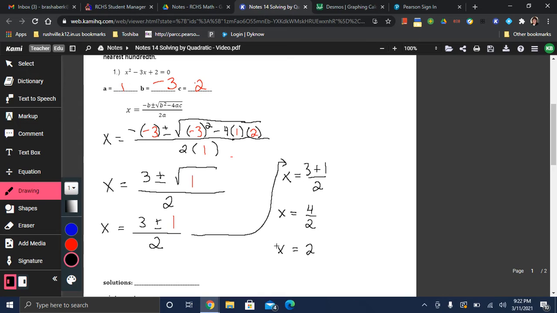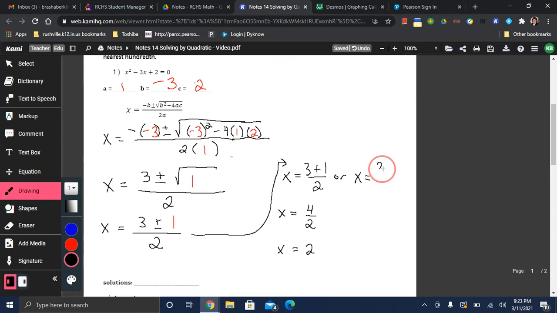It's going to be really important that you write as neatly as possible. So work down your page, not scattered all over the place, so that you can keep track of what you're doing. All right, now your other option is x equals, I'm going to go back to my problem, and instead of using the plus sign, I'm going to use the minus sign.